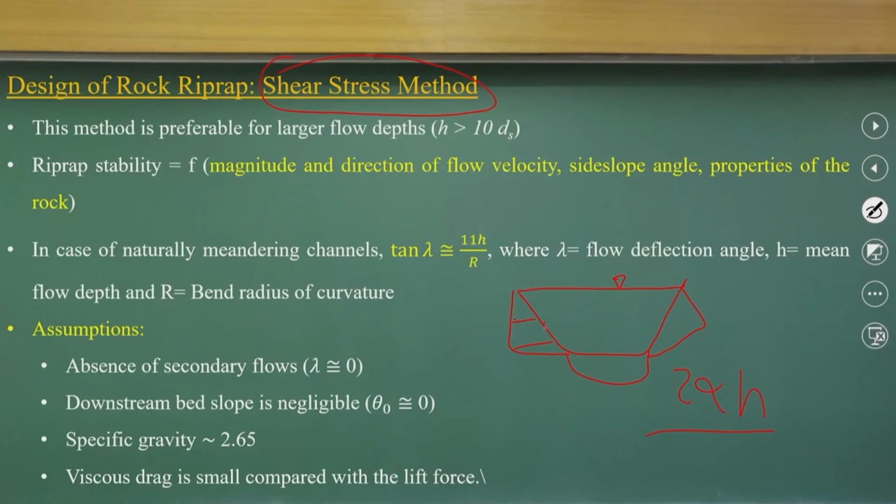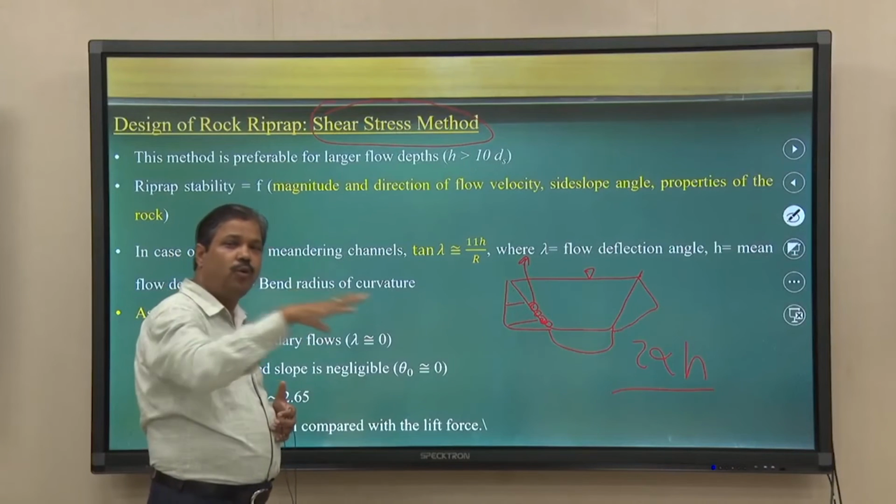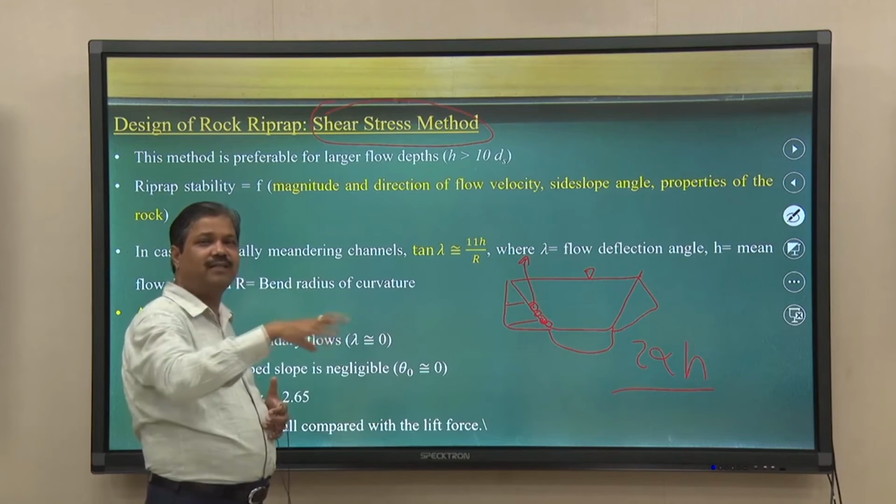If I am putting river bank materials, a stone riprap, I have to do particle stability analysis for this stone, whether these stones are stable with respect to the flow, the shear stress and turbulent structures acting on these.